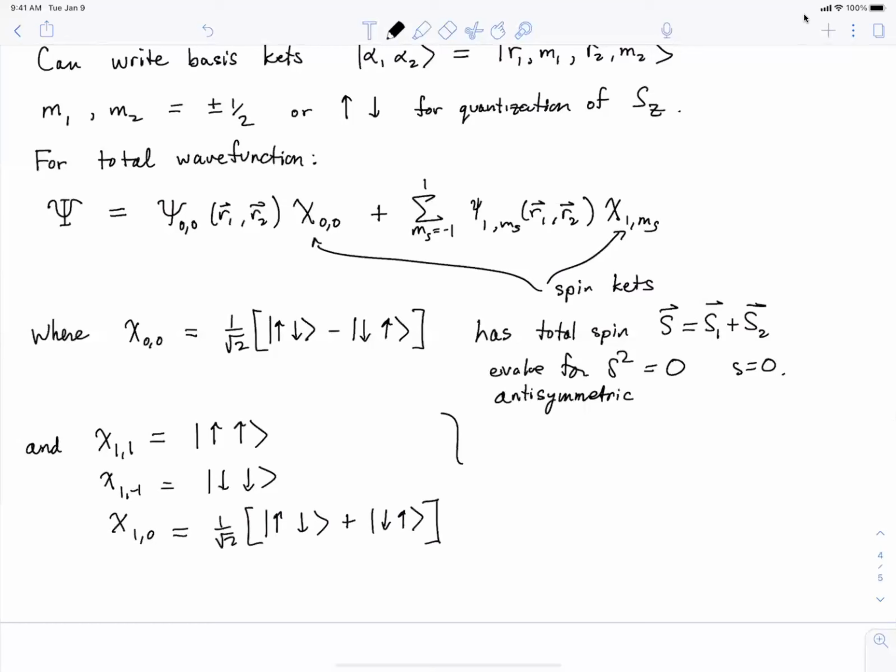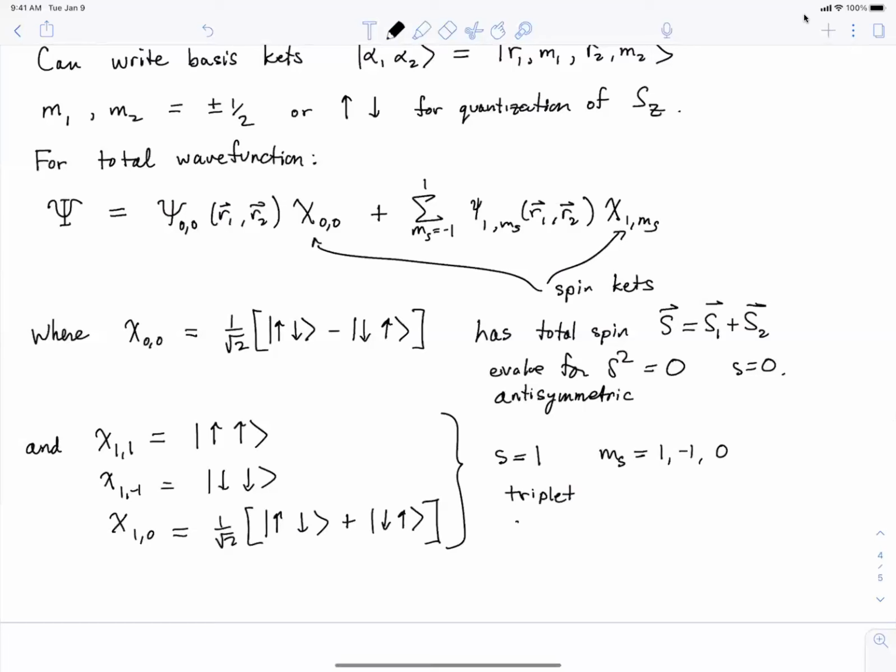Okay, and so these are the states with total spin quantum number 1. The z component is 1, minus 1, or 0. And this, therefore, is a triplet of states. That just means there's 3 of them.